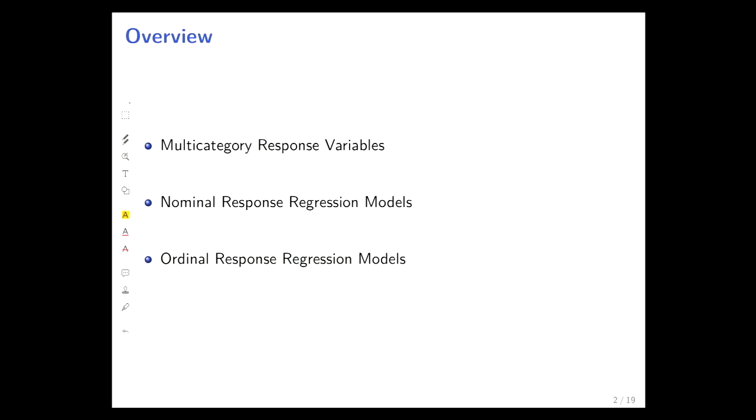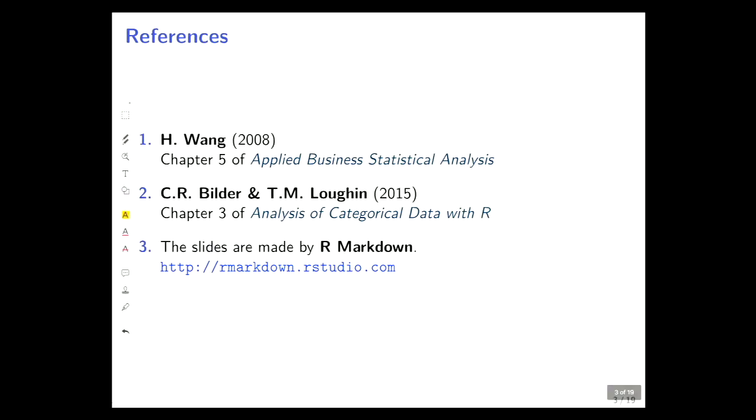If we consider this multi-category response regression, we may have two kinds of regression models. The first one is the nominal response regression, and the second one is the ordinal response regression. From the name, the difference is actually from the order. I will explain the difference. You can always look at some references.